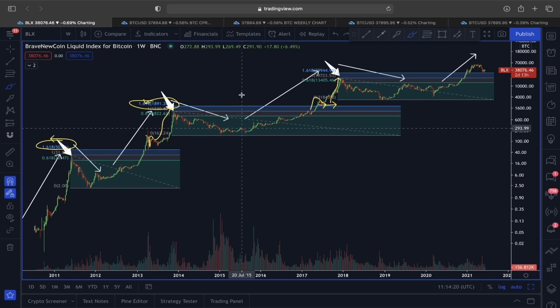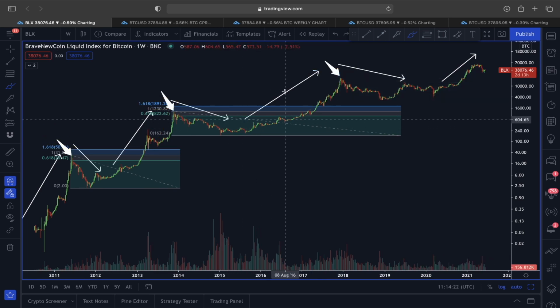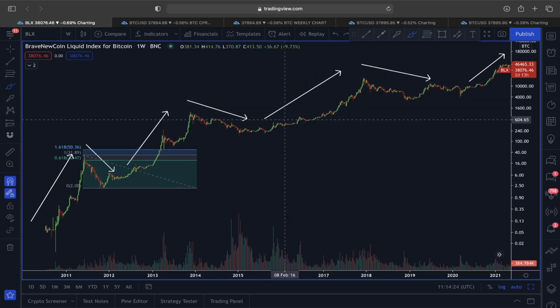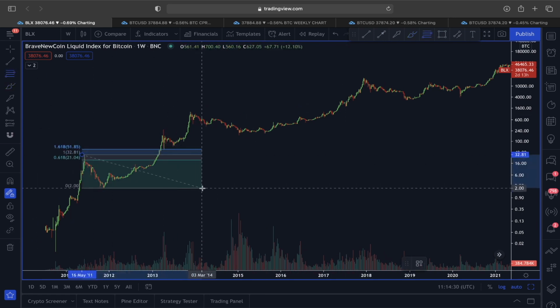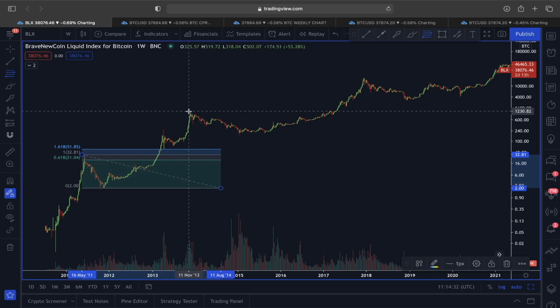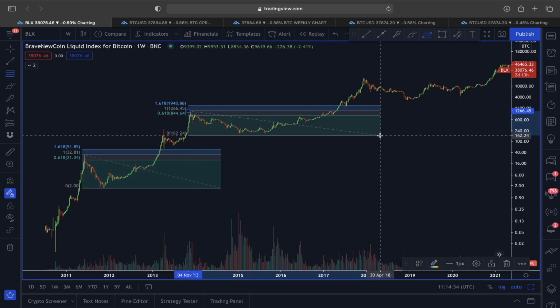But now what I'm going to do is add another very interesting scenario along with this Fibonacci retracement level, because now, guys, every time you can see this price movement, the top of the bull market and the bear market, we can see how it played out for Bitcoin.